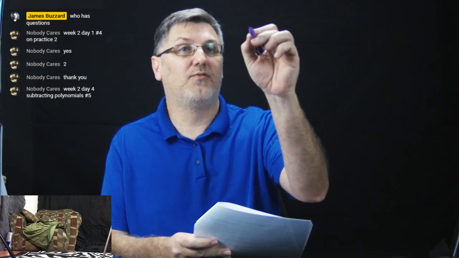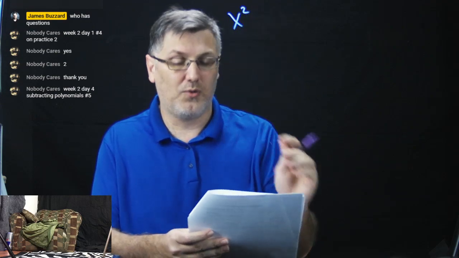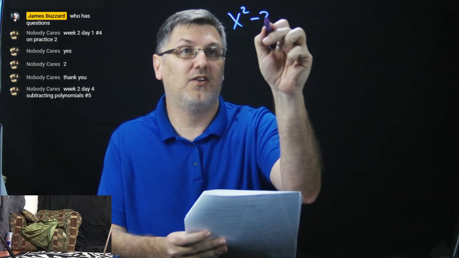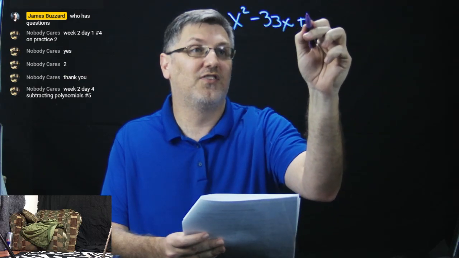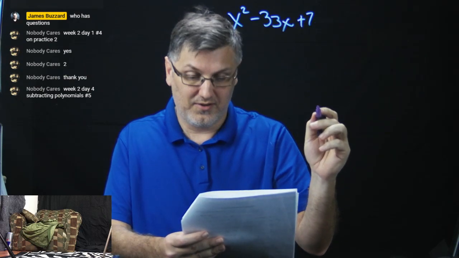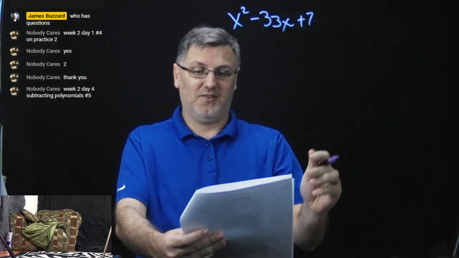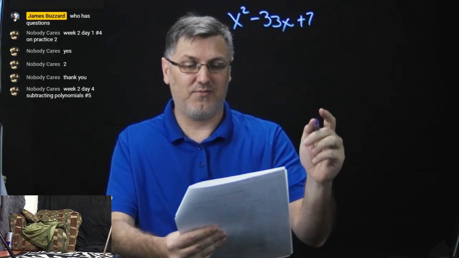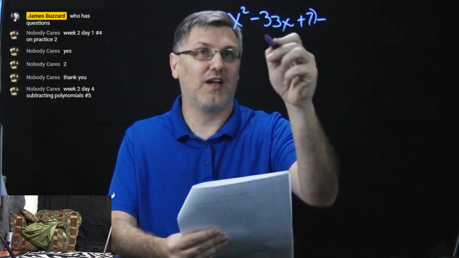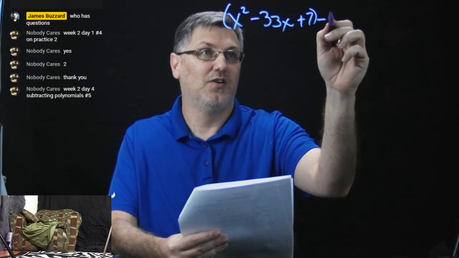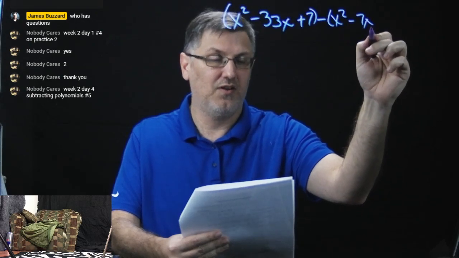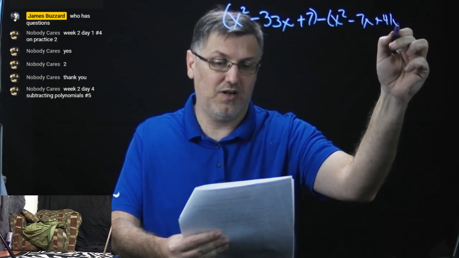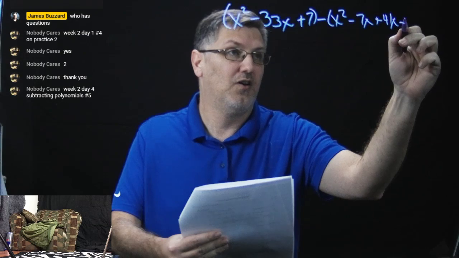So number 5, we have x squared minus 33x plus 7, minus, they got parentheses around this, x squared minus 7x plus 41x minus 12.